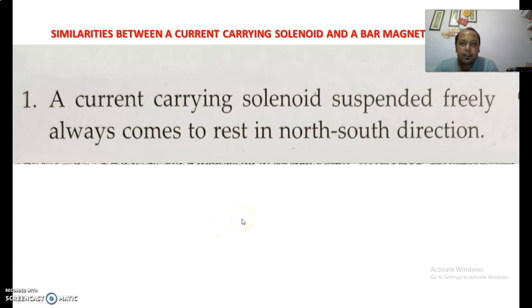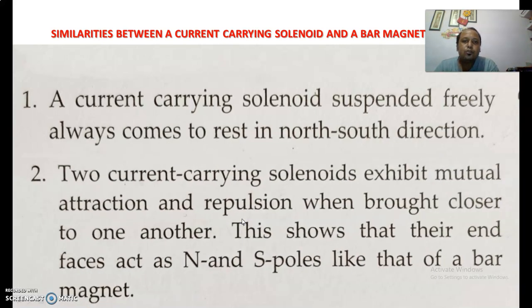So they behave similarly. Next is, two current carrying solenoids exhibit mutual attraction and repulsion when they are brought closer to one another. This shows that their end faces act as north and south poles like that of a bar magnet. Okay? That means when we consider two current carrying solenoids, they behave as a bar magnet.